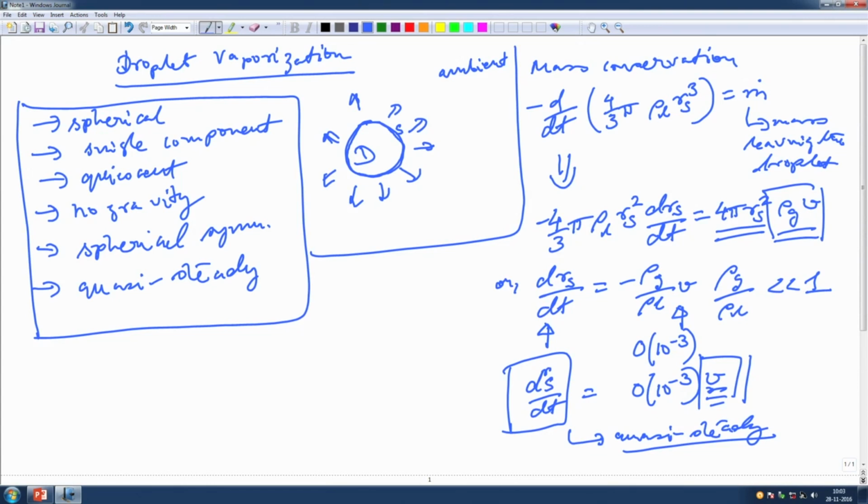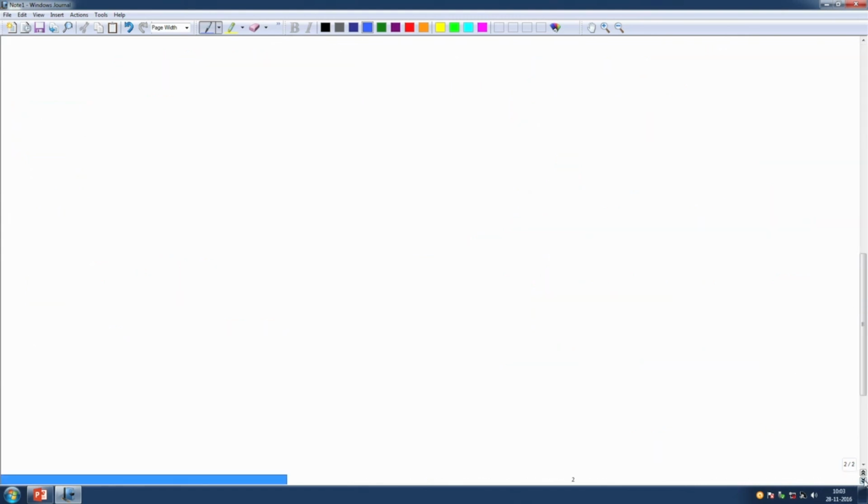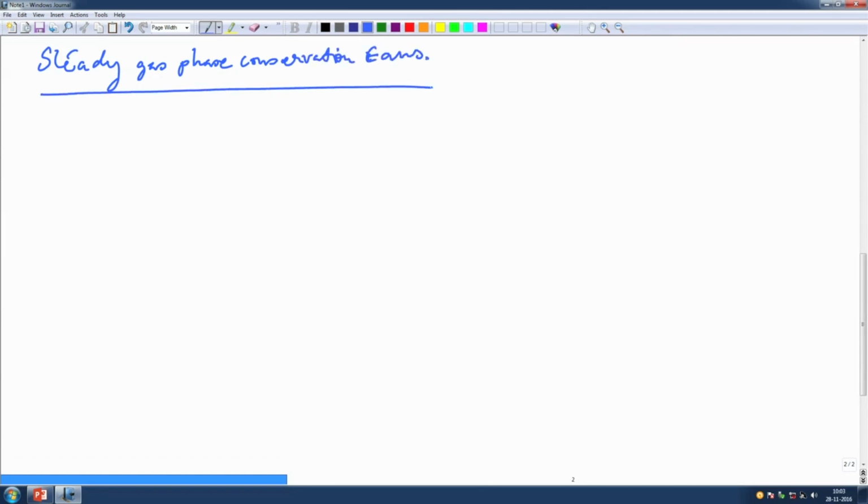Now, after we have established this, we do not really need the liquid phase anymore. So, we will now look at the corresponding steady gas phase conservation equations.